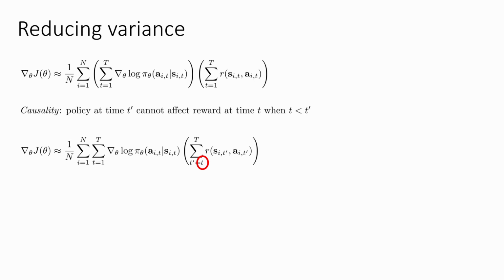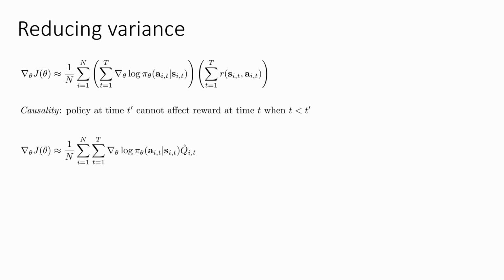In fact, it makes it work so much better that you will often see standard derivations of policy gradient that don't look like this, but instead they use the term reward to go, often denoted with q hat, and they're written like this. They just say grad log pi times the reward to go. And that reward to go, hiding inside of there, is that sum from time step t until the end, representing the total reward that you'll get from that time step until the end of time.